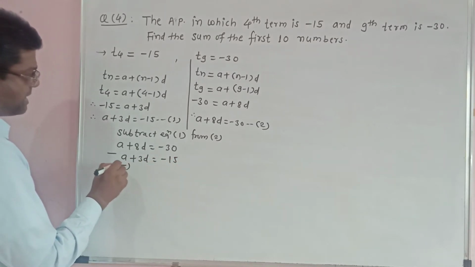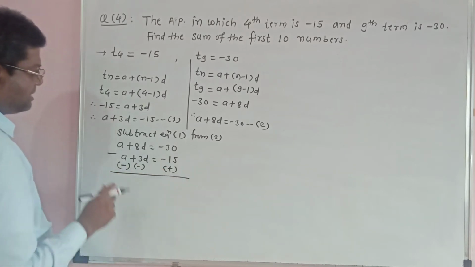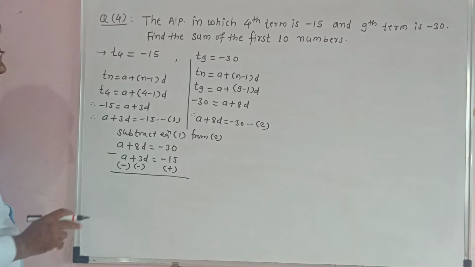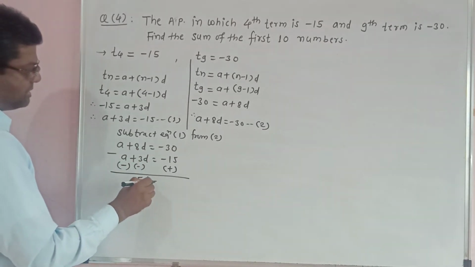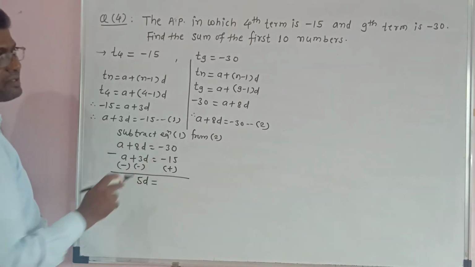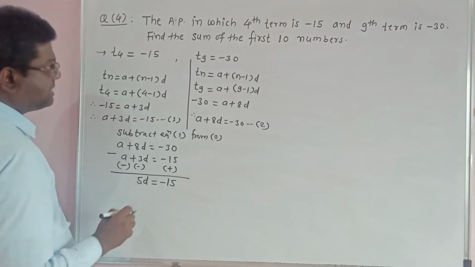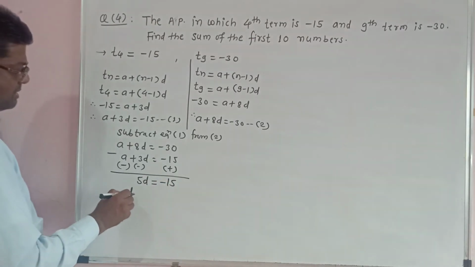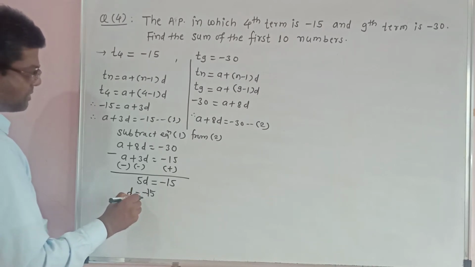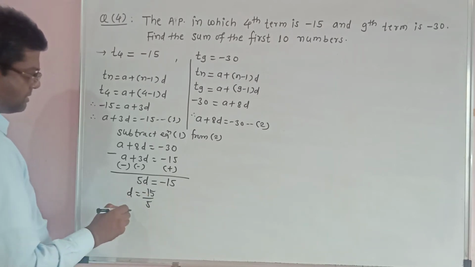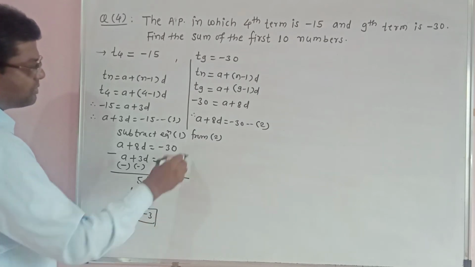This plus will become minus, this minus will become plus. a minus a will get cancelled. 8d minus 3d, that will be 5d is equal to minus 30 plus 15, that will be minus 15. Therefore, d is equal to minus 15 upon 5. So d is equal to minus 3.